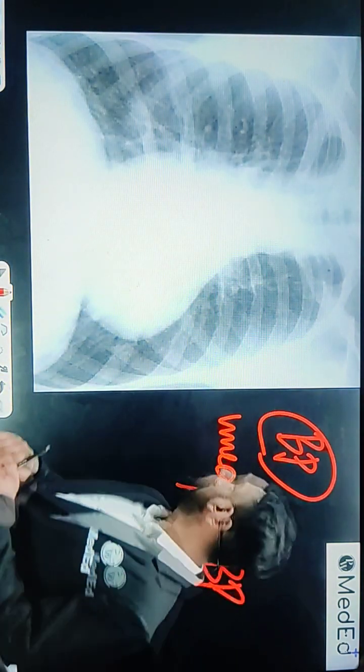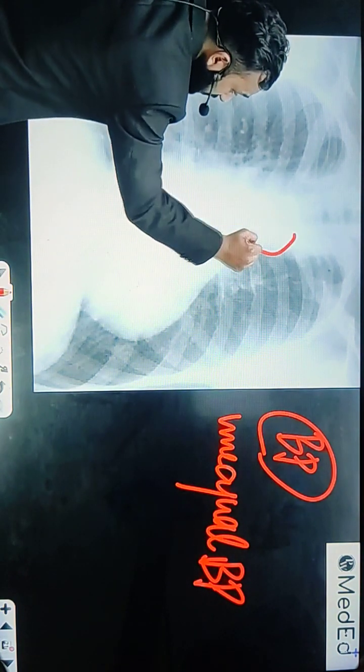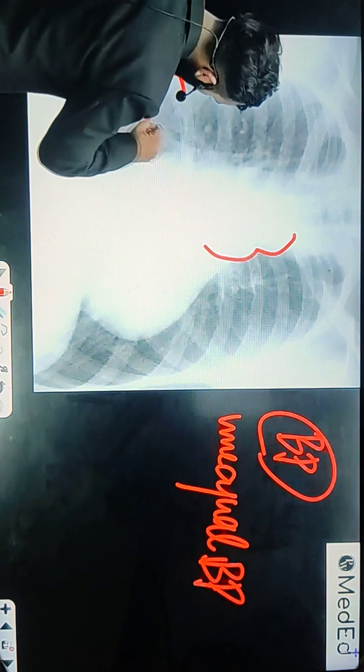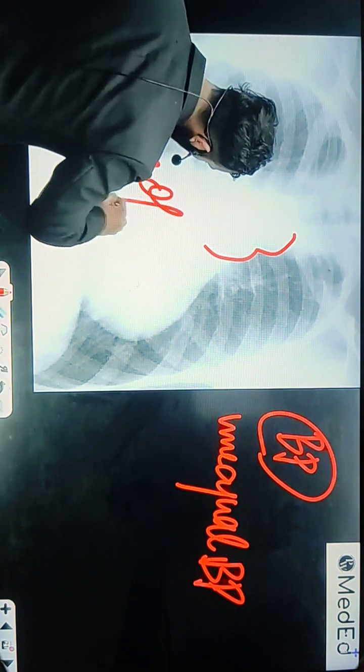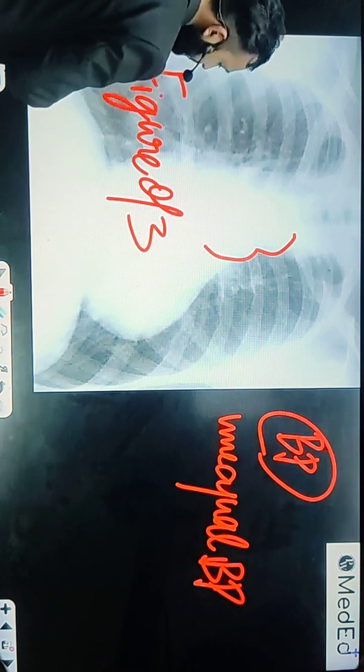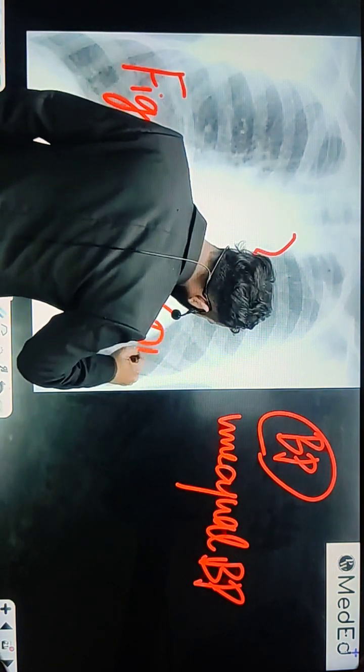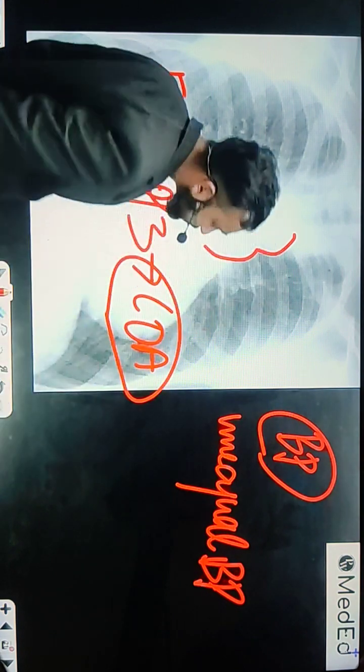So what are you going to think of? If you look at the X-ray of these patients, you are going to see a figure of three appearance, which is seen in coarctation of aorta, right?